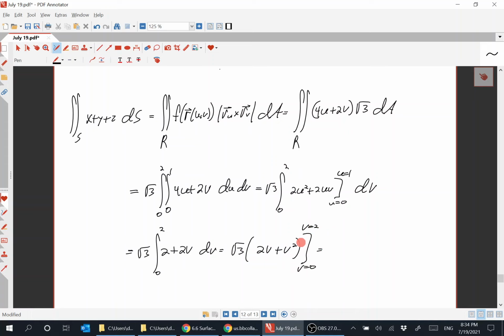So at 0 you get 0, and then at v equals 2 you get 4 plus 4. So in the end, it's 8 square root of 3. Oh no, it's not square root of 3, it was 5 square root of 3.